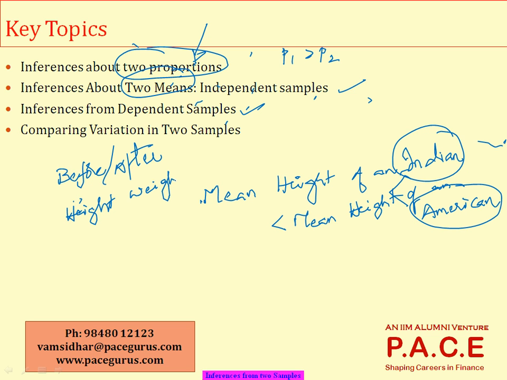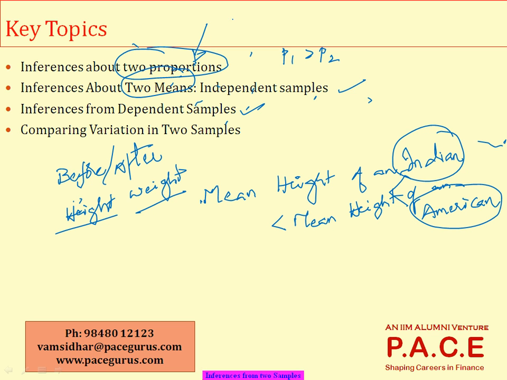For the same person, I would take the height and the weight and then see if there is any difference between them. Or, the mean weight of a male person is always greater than the mean weight of his spouse, which means there is a dependency. They cannot be independent data altogether.